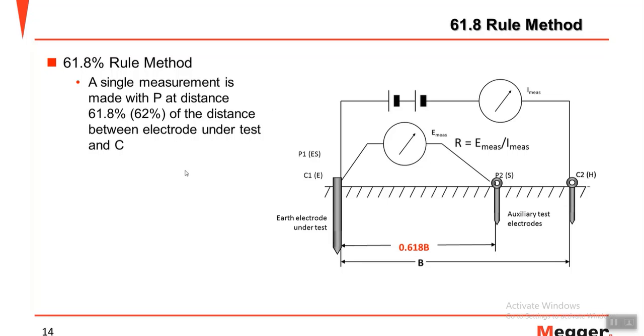It is one of the methods to measure ground resistance with a fixed value of 62% from the electrode, because in most cases they can confirm there is no more interference between the electrode under test and the current probe when they put the potential probe at 62%.